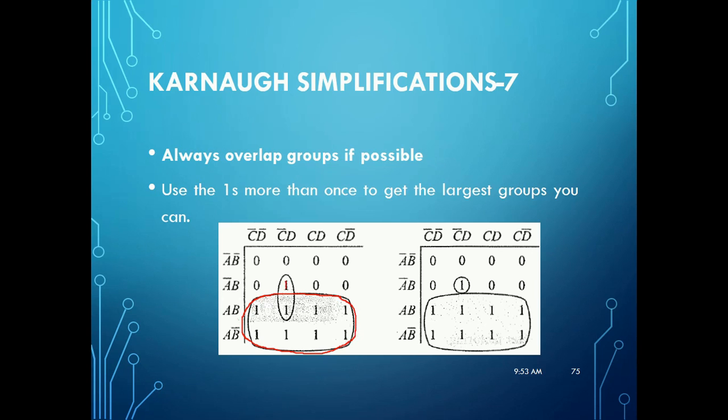Then one will be placed here, and that is left out for grouping. So what will we do next? This is the first step. The next step is you have one left out, so that will be paired with this. So this is right.